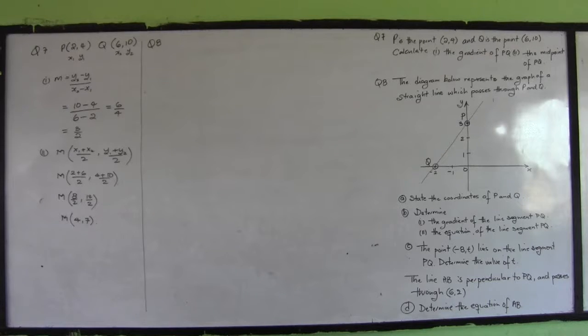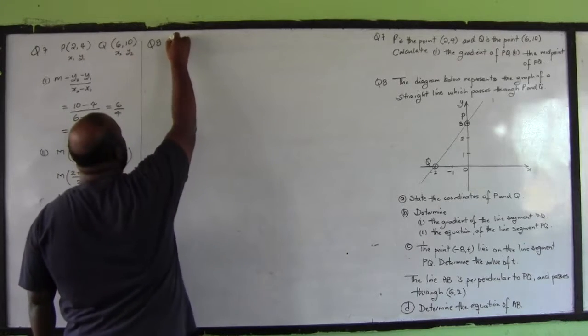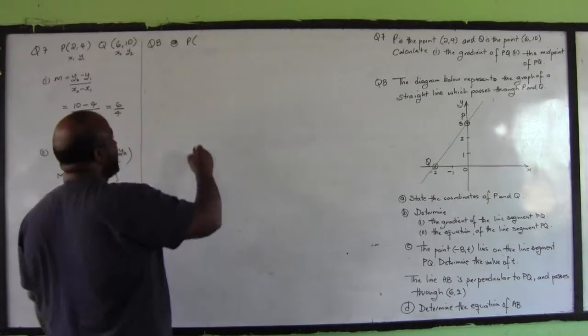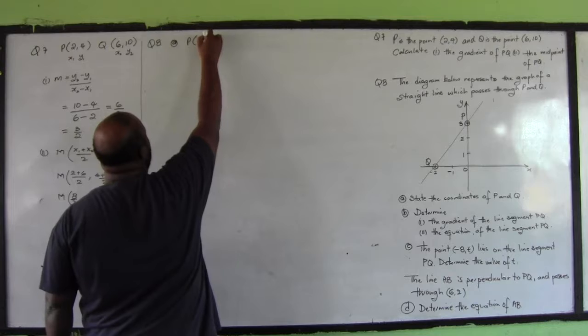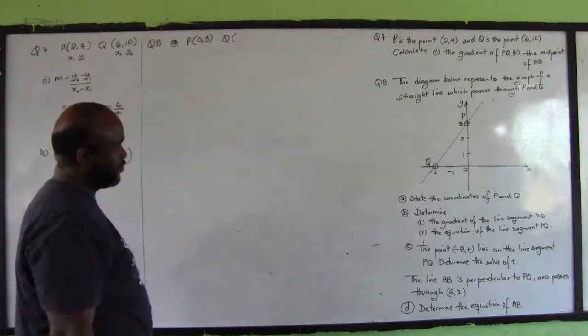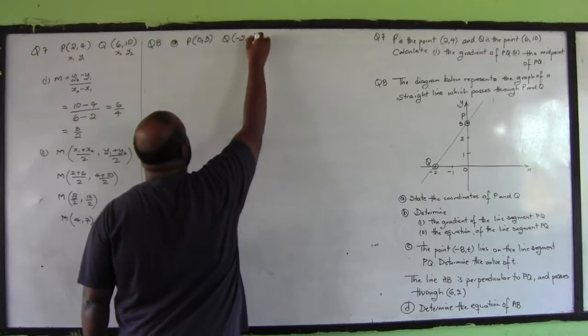It says state the coordinates of P and Q. So tell me, what is the coordinate of P? 0, 3. Very good. P is the point 0, 3, and Q is the point minus 2, 0.